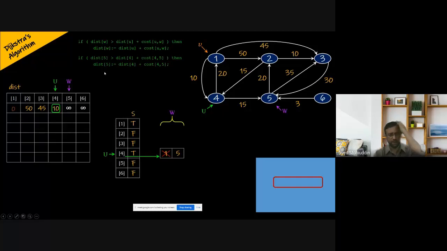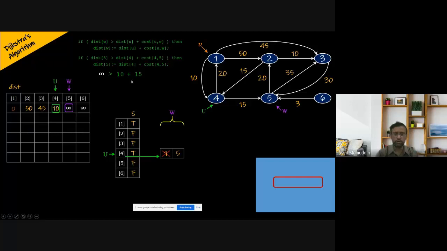Here the distance of 5 is infinity, which is greater than the distance of 4, which is 10, plus the cost from 4 to 5, which is 15. So infinity greater than 10 plus 15, which is 25.